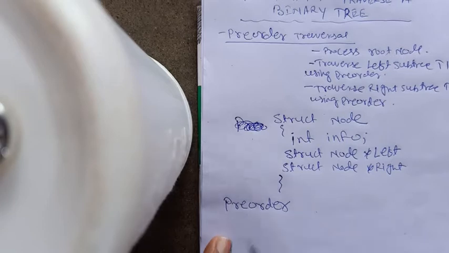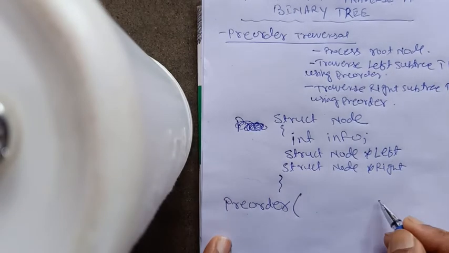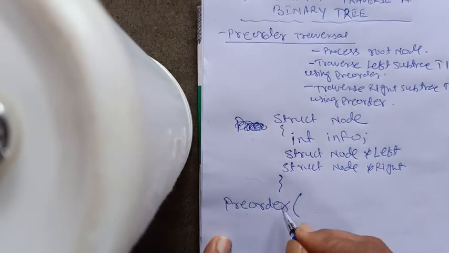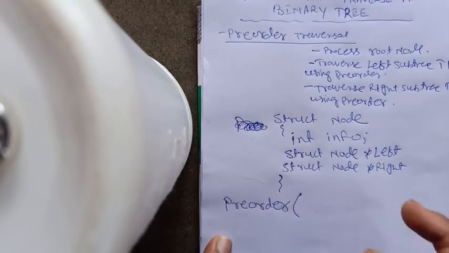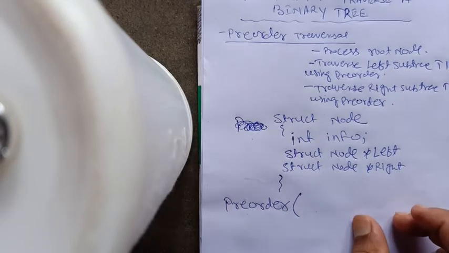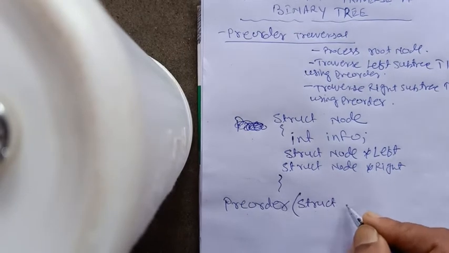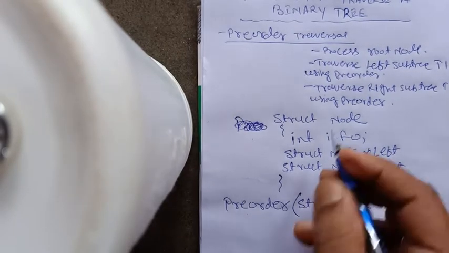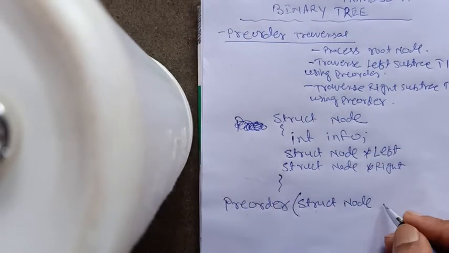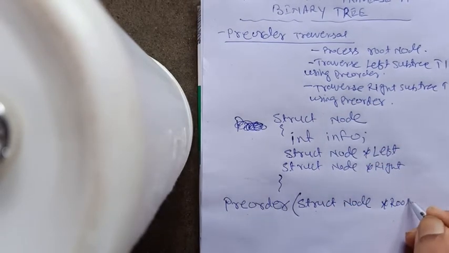Pre-order, this is the name of the algorithm. Then the algorithm requires a parameter, and the parameter is a pointer variable where the address of the root node will be sent during the call. So the parameter should be a pointer variable of struct node data type, struct node asterisk root.